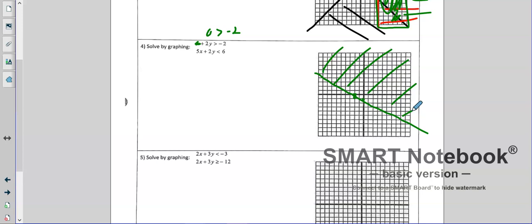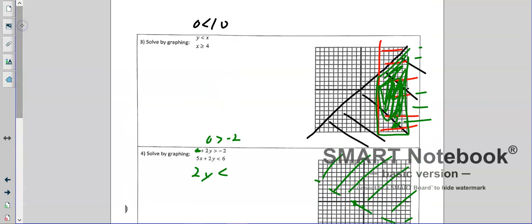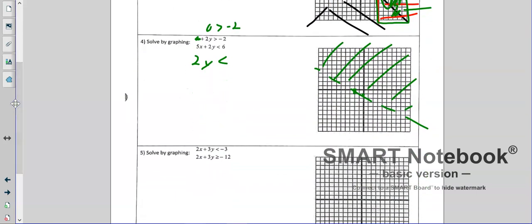Now this one, the second one, cover method doesn't work well. So I'm going to make this 2y is less than, and notice it's less than. So technically I should have done dotted line here. Sorry, my bad. Did I miss this in the last one? Yeah, this one should have been a dotted line also. We won't usually have dotted lines in our real world problems though.